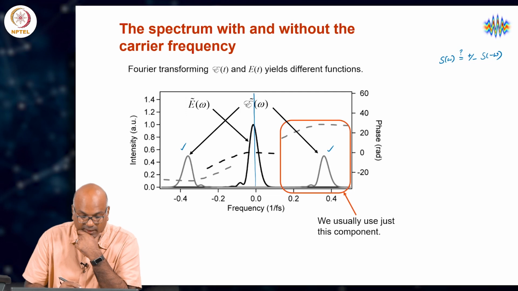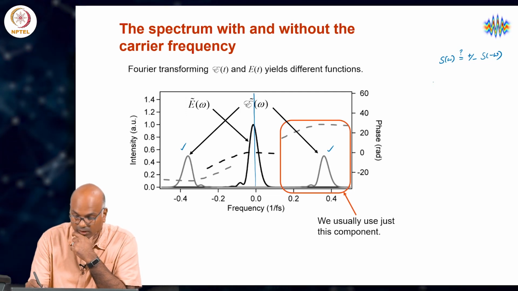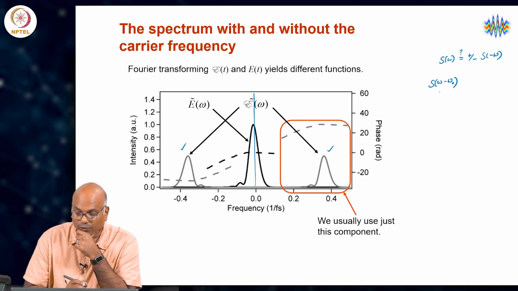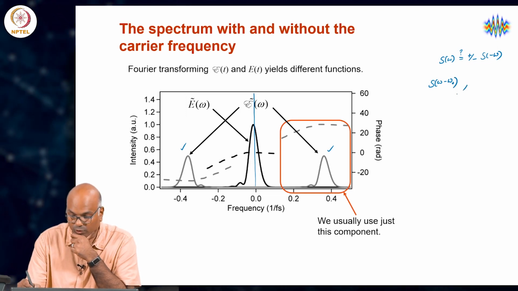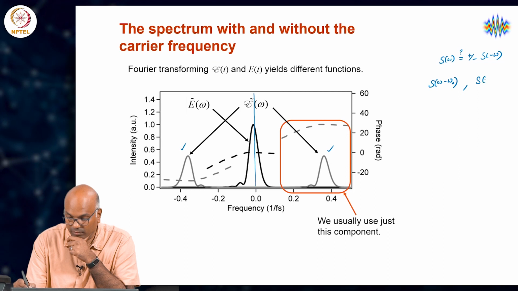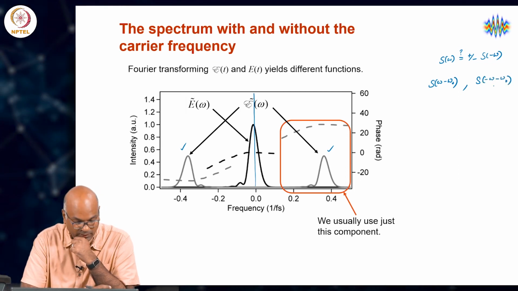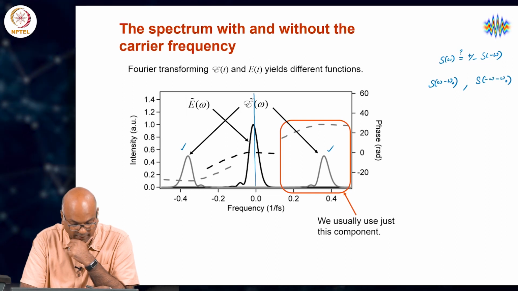Well, we had essentially S of omega minus omega naught to be one piece and S of minus omega naught, right?